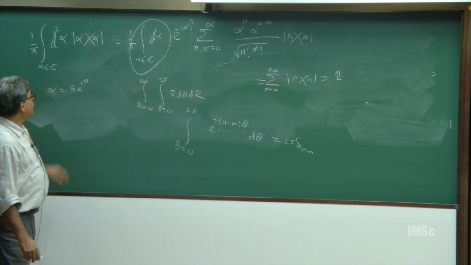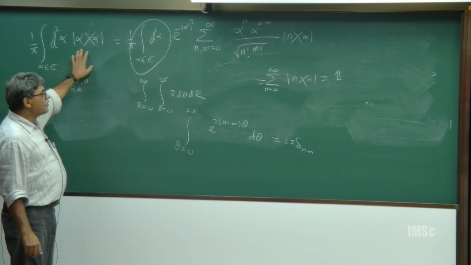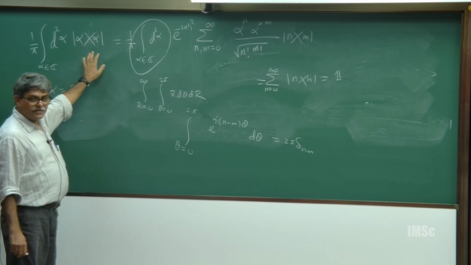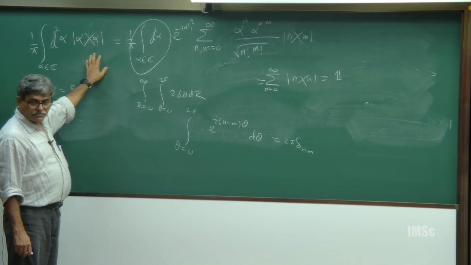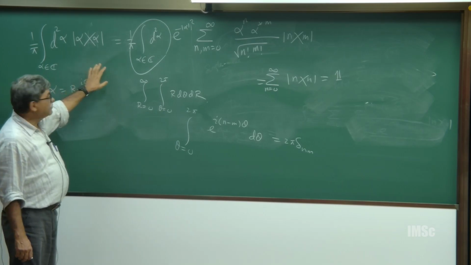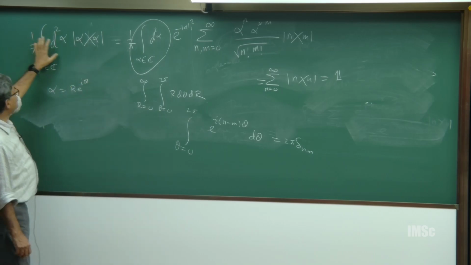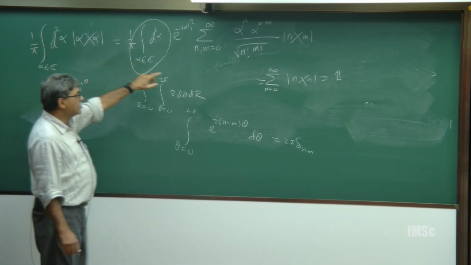So, you see that coherent states form a complete basis, because if you take projections and sum over all those projections on coherent states, it gives rise to identity.